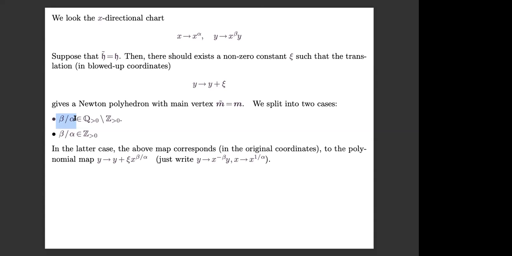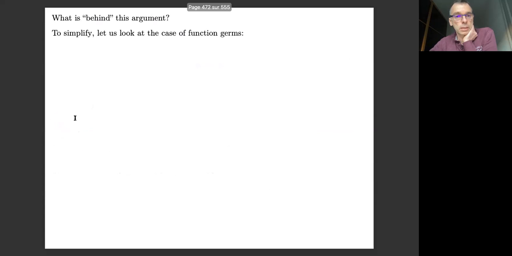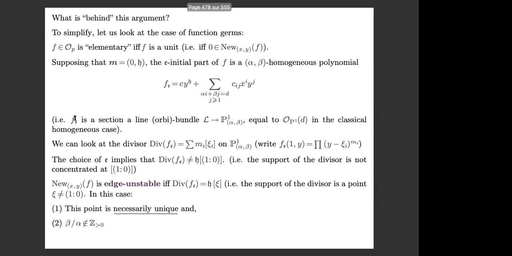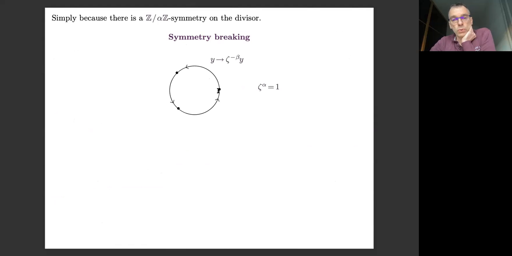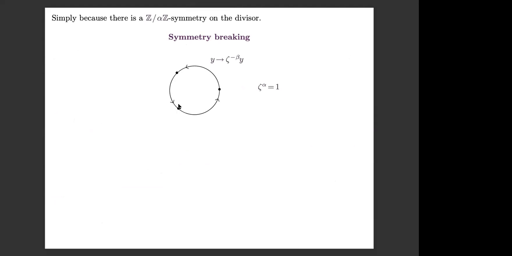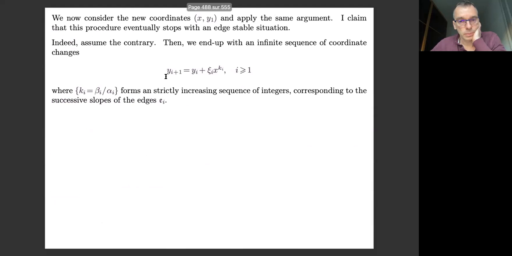Because in this case, you cannot have this bad compensation phenomenon that I explained to you. Because of the symmetry, there can be no root of a very large maximal multiplicity, because the root should be on the cyclic permutation order.